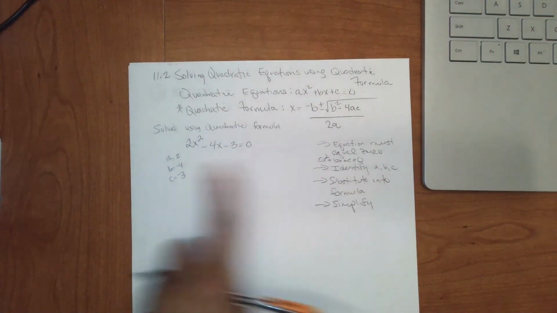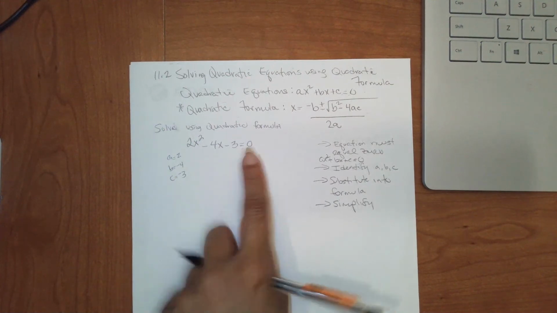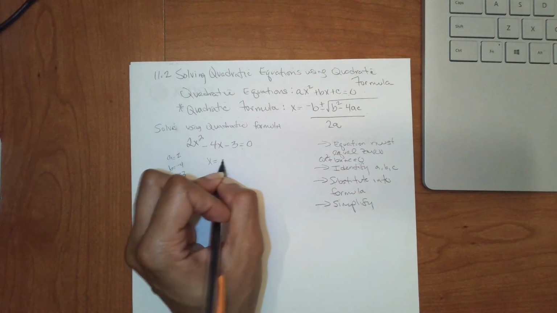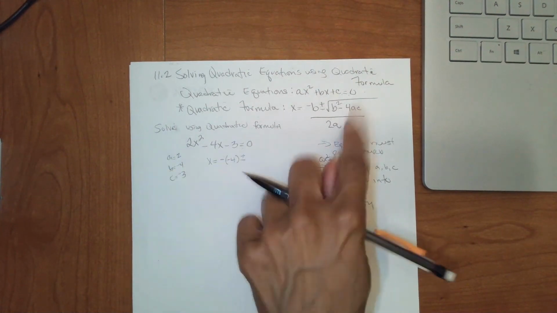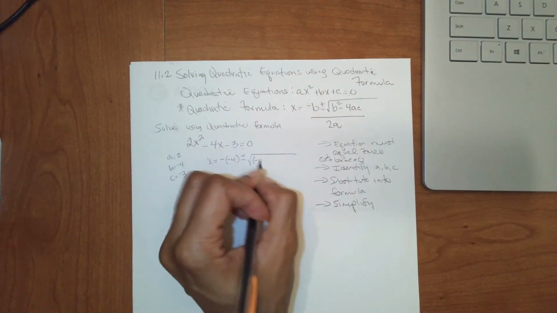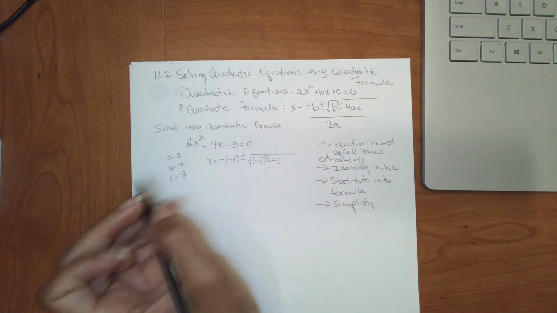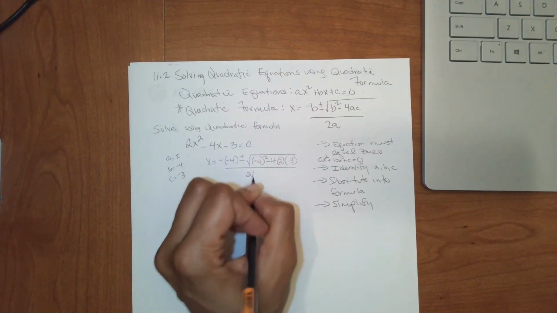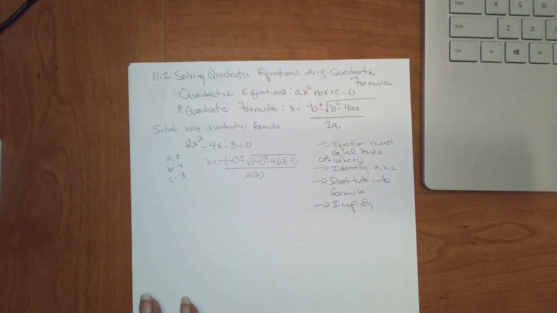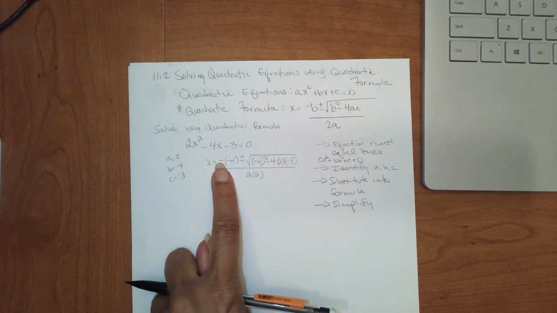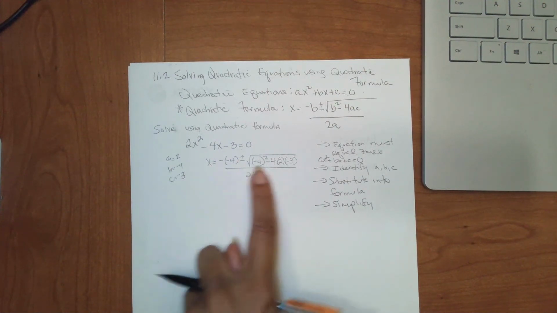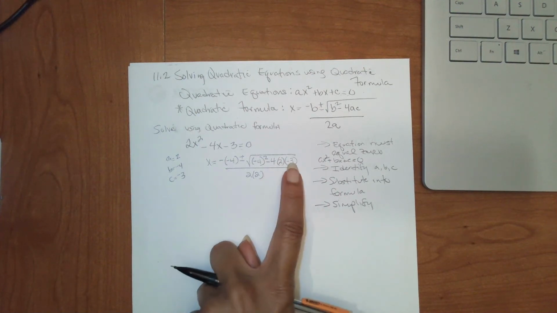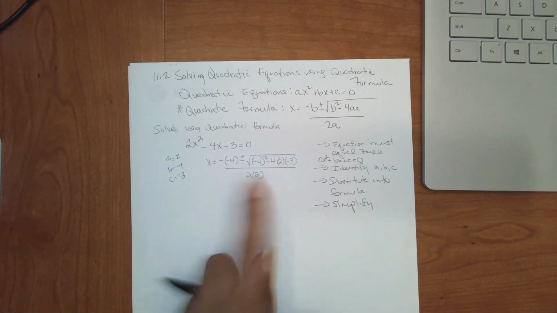Those are your coefficients, and then you substitute them into your formula. x equals negative of negative 4 plus or minus the square root of negative 4 squared minus 4 times 2 times negative 3, all over 2 times 2.